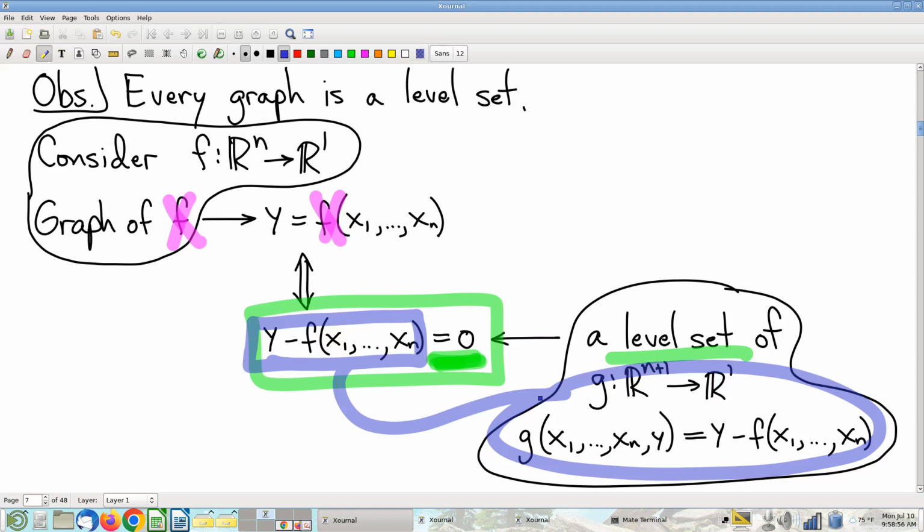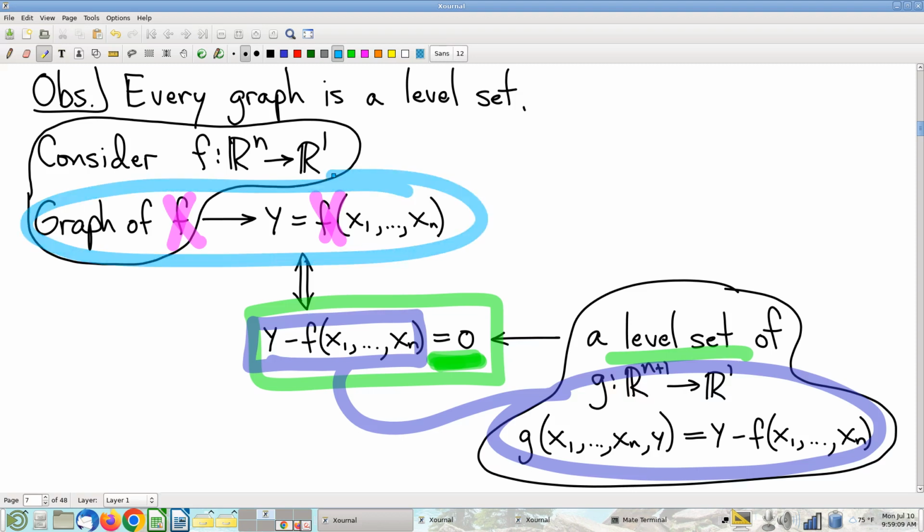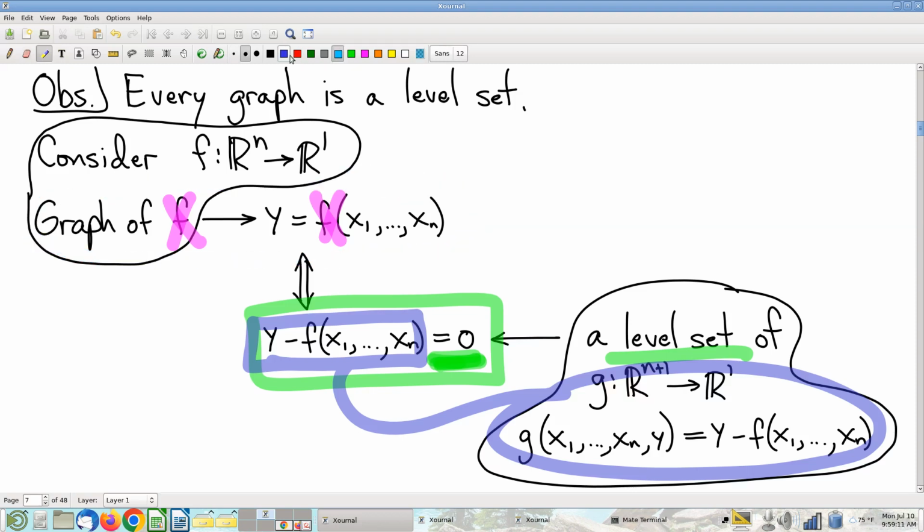Very different thing. Everybody see the little subtlety there? Okay. So this graph is a level set. It's just that it's a level set of this new function called g that's computed by this formula, not a level set of the original function f.